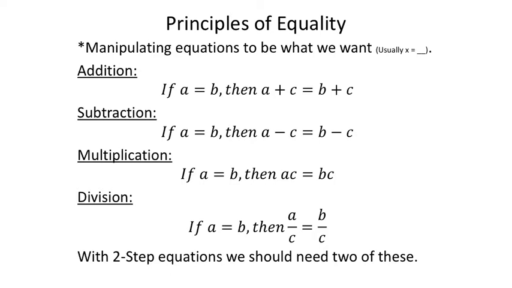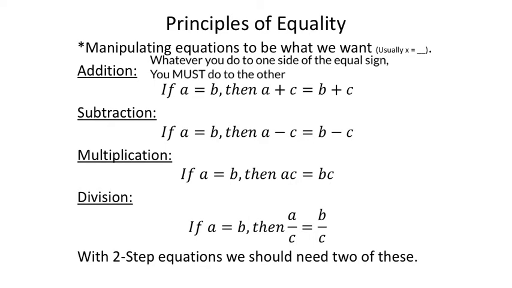So here are our principles of equality. Remember, the principle of equality, just to summarize, is really just asking you that whatever you do to one side of the equation, you must do to the other side of the equal sign, okay? And when we're talking about doing things to one side or the other, that is with these 4 operations: addition, subtraction, multiplication, and division. But there are also specific objectives, to start with, for addition and subtraction, okay?